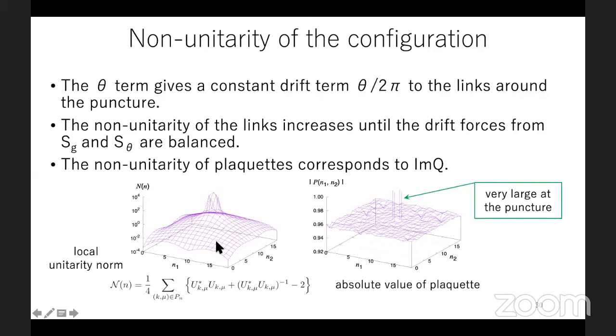But in this case, even if the non-unitarity is very large, the convergence condition is still satisfied. So this is somehow counterintuitive. I think it's an interesting point of this model. Thank you.